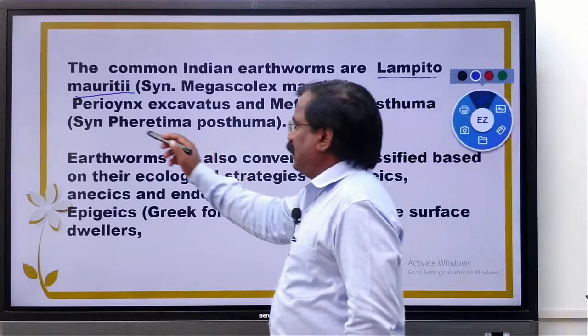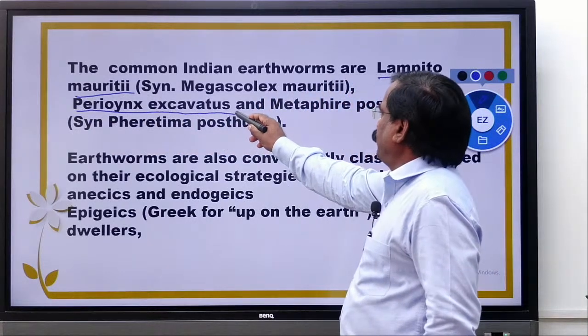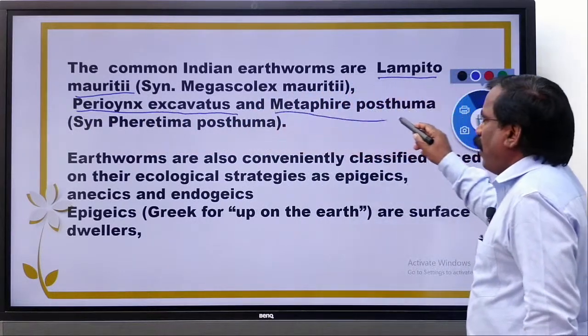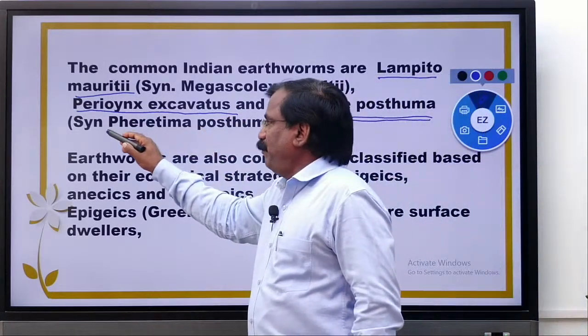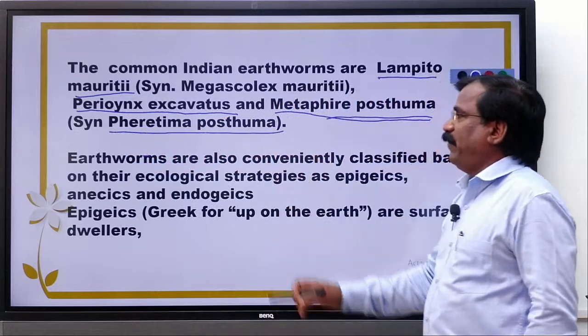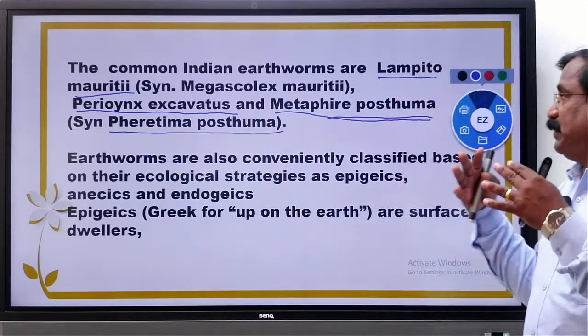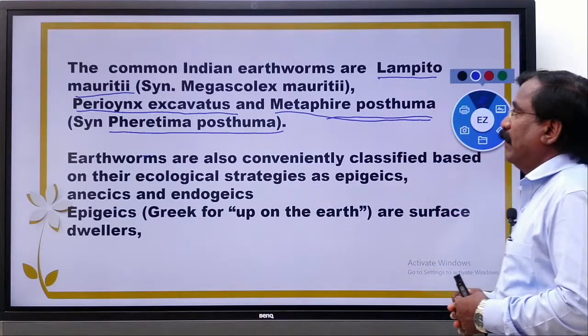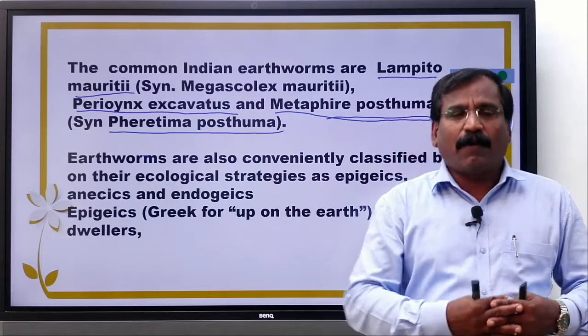Perionyx excavatus, Metaphire posthuma, a similar species, Perionyx excavatus. So these are the species found in our land, India.